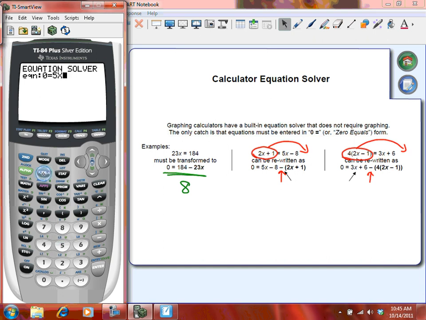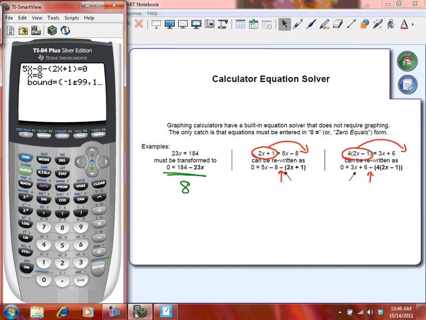We're going to type in 5x minus 8 minus, now notice there's parentheses around that 2x plus 1, so make sure you use those parentheses. Parentheses, 2x plus 1, close your parentheses, hit Enter.